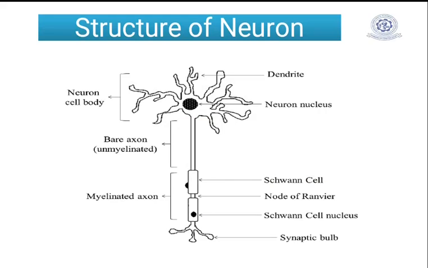The main function of myelin sheath is to increase the speed of conduction of nerve impulse. The terminal part of the axon is known as synaptic bulb. They are going to store neurotransmitter and also synapse with the dendrites of the other neuron.